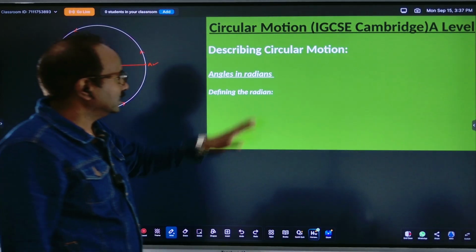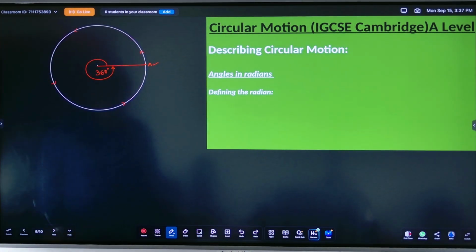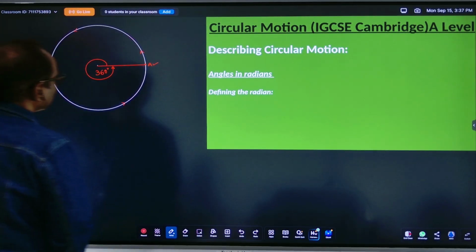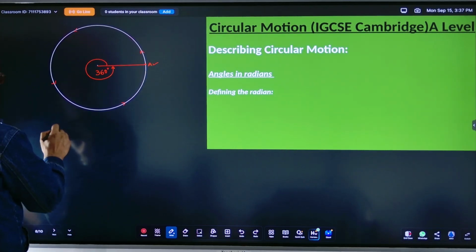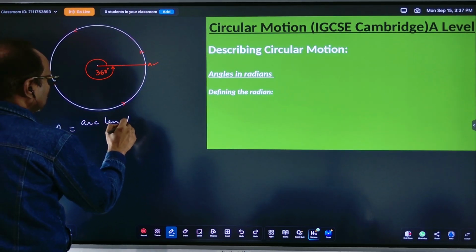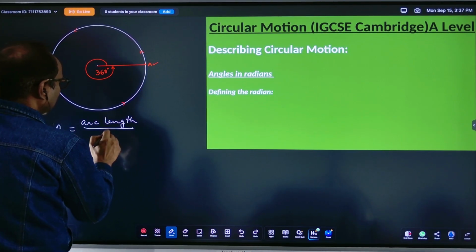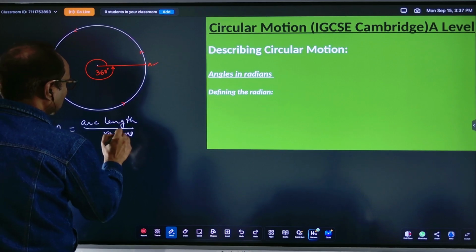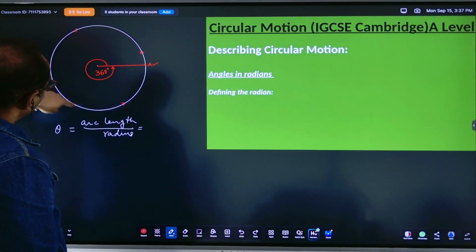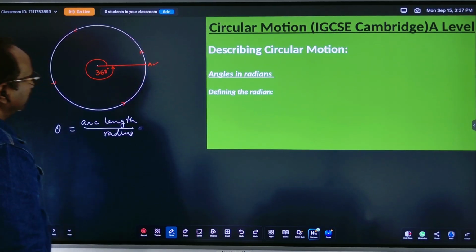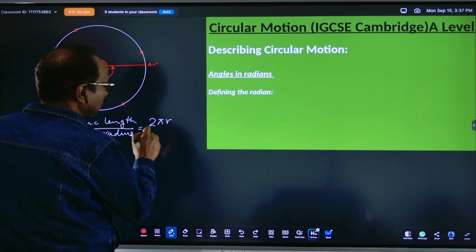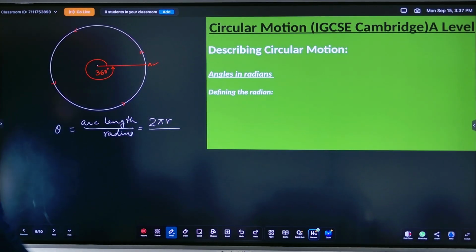Now, as per the definition of the radian, theta is equal to arc length by radius of the circle. So how much is the arc length for one complete turn? You know it is the periphery, so it is 2 pi r, if the radius is r.